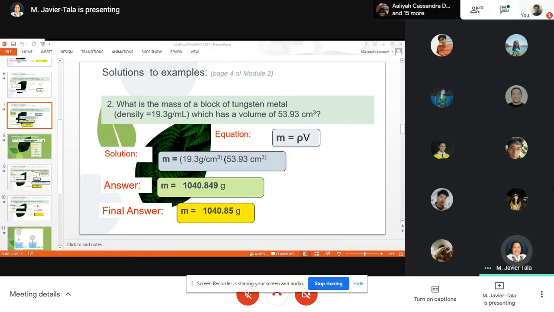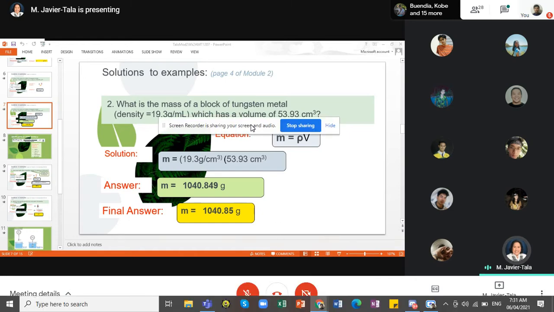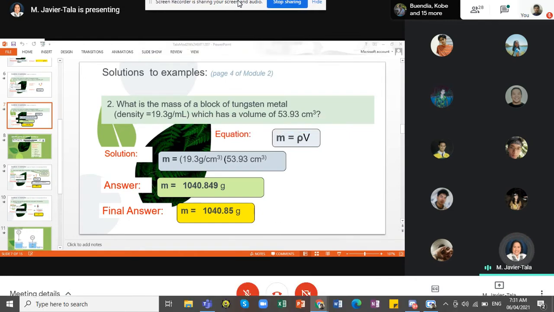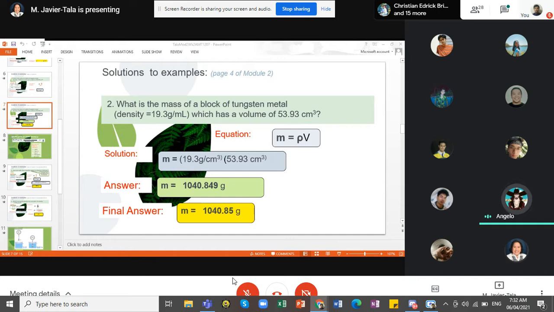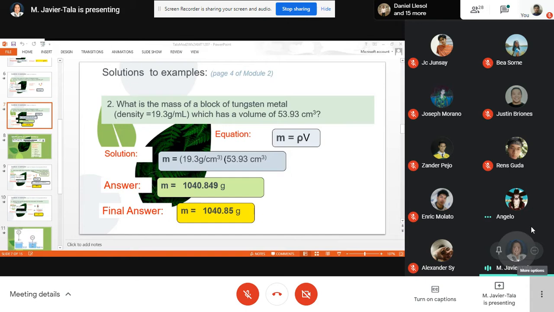So what will be the product of 19.3 and 53.93? Mr. or Miss Curio, what's the product? 1,040.85 grams. Is that the rounded off or the final answer?